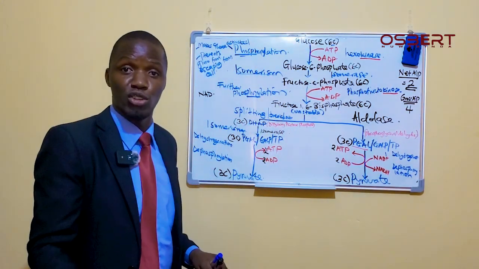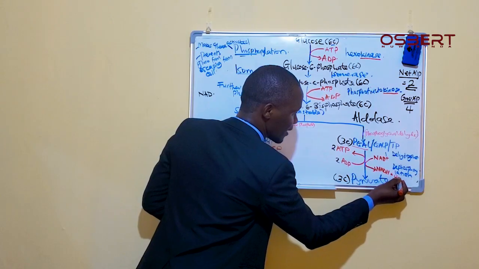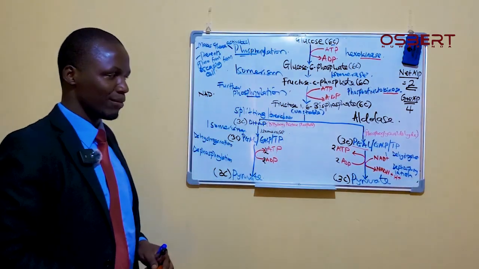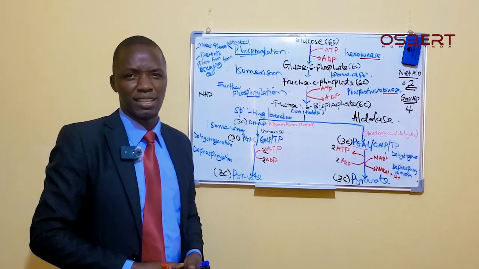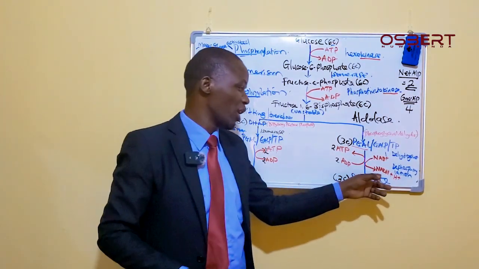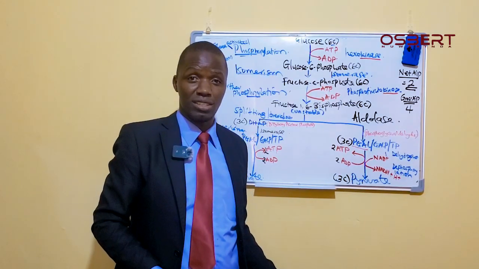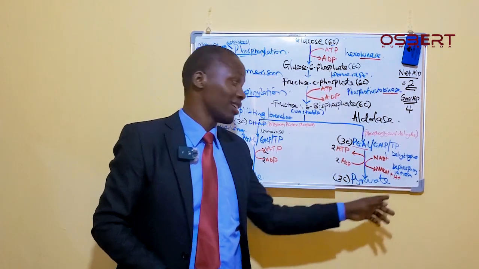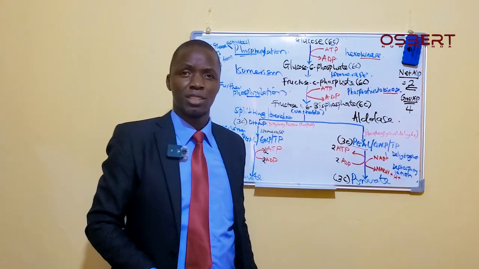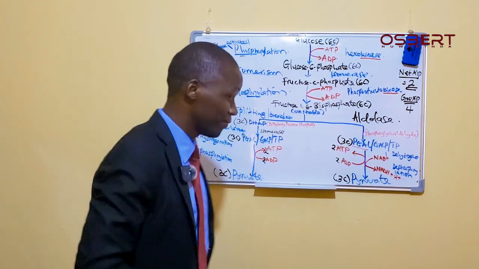It has picked the hydrogen and it becomes NADH plus H plus. Now somebody might say, teacher, why don't you just say NADH? I can still say NADH, but the proper way is you say NADH plus H plus, hydrogen ions. Teacher, why? I'm going to explain to you why.